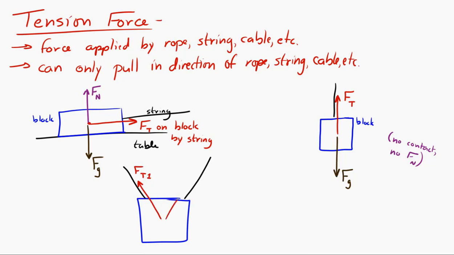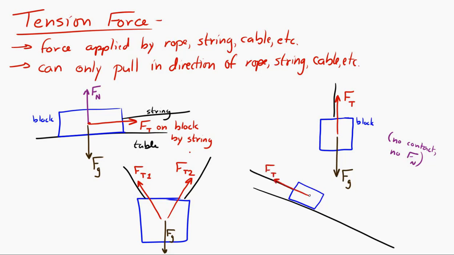Well, then we'd have tension forces in both directions that the strings pull. And then we'd have a gravitational force directly down toward the center of the Earth. And I could keep going. I could make a block on a ramp with a string attached to it, and then we'd have a tension force in the direction of the string, and a normal force perpendicular to the surface of contact and away from the ramp, and a gravitational force directly downward.